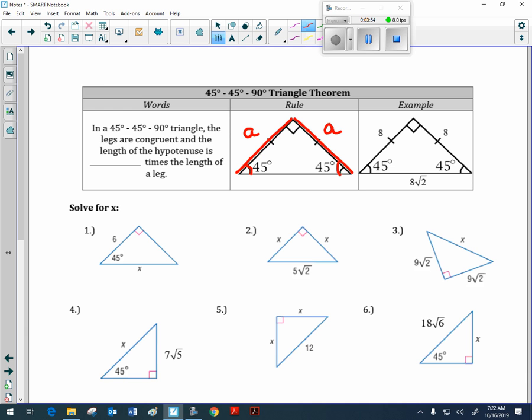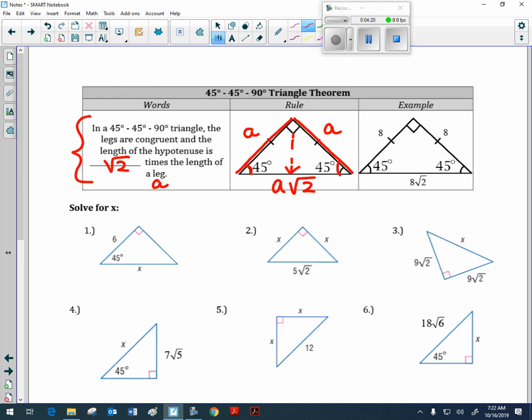And based on what we did on the previous side, we know then that our hypotenuse, which by the way is across from the right angle, would have to be A radical 2. If we filled it in with words, which is what you see over here, we would say that the length of the hypotenuse is radical 2 times the length of whatever the leg is. And in this case, we're calling the leg A.